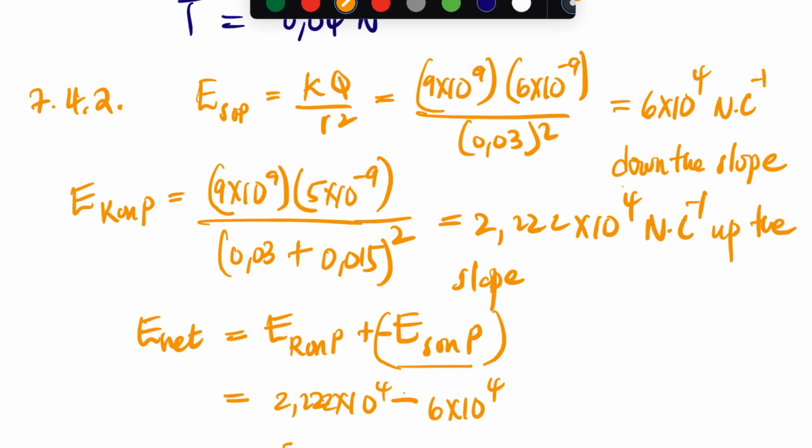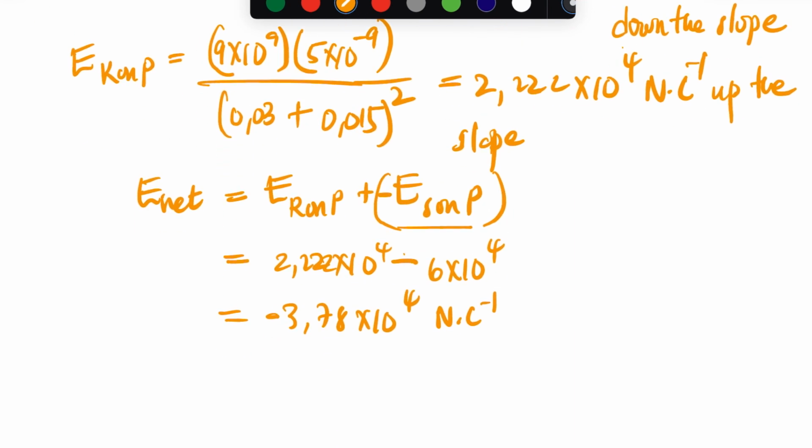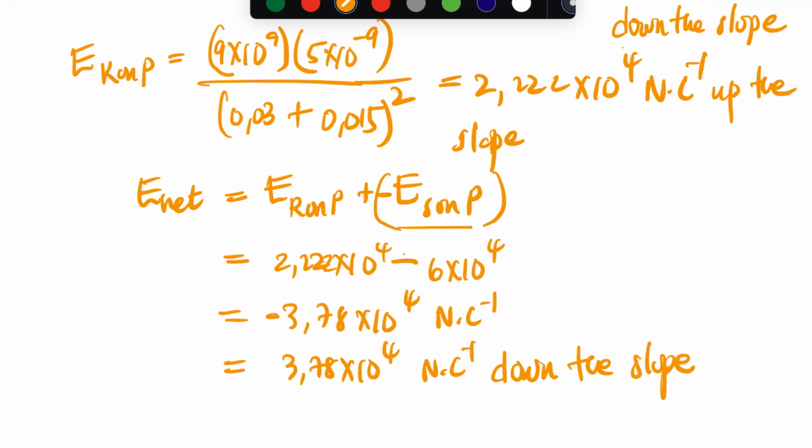The answer there is negative 3.78 times 10 to the power 4 newtons per coulomb. And that negative tells us, as I've mentioned, that the net is going to be down the slope. So it's 3.78 times 10 to the power 4 newtons per coulomb, down the slope. Right, I hope that makes sense, guys.